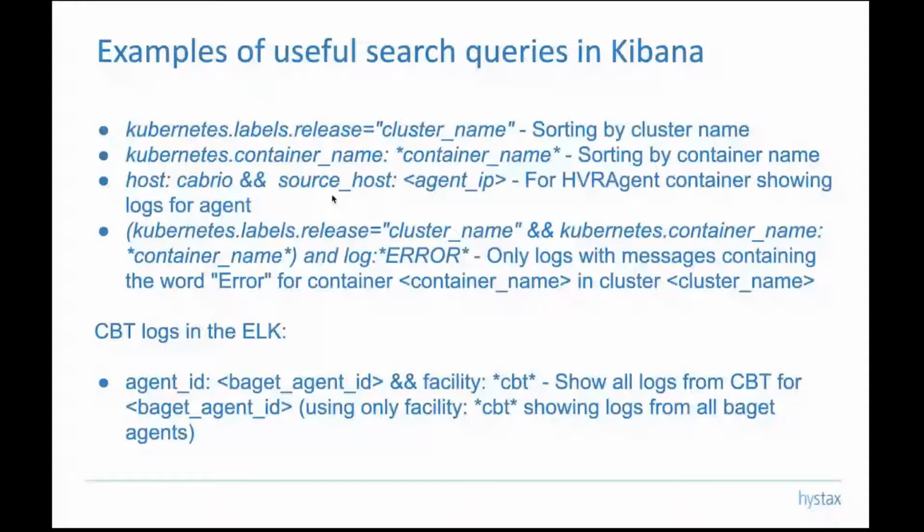Of course, it has its own IP address, and the logs can be filtered by the IP address of the replication agent and its host Cabro. That's the internal naming of the replication agent container.